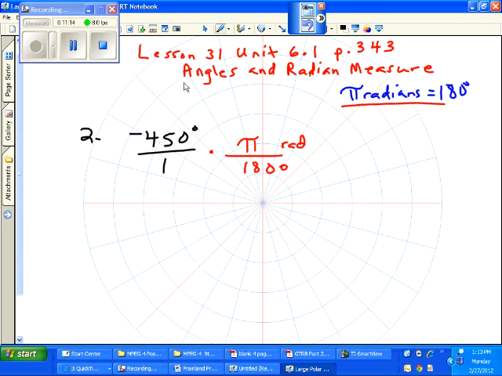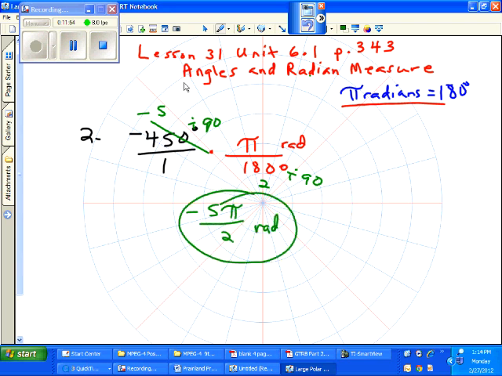Cross reduce, what's the greatest common factor? 90. 90 goes into negative 450 negative 5 times. I should have divided, whoops, did I make a mistake? That should be 5 instead of 50. We knew that. Thank you. Divide by 90, and we get 5. Divide by 90, and we get 2. So we get negative 5 pi over 2 radians.